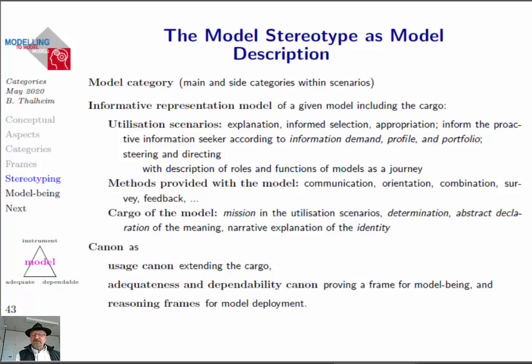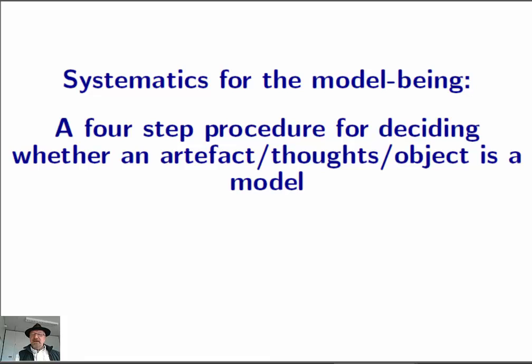And the canon in this case consists of the usage canon, the adequateness and dependability canon, and the reasoning frames we are using for the model. That means again we can ease our task somehow to specify what is in a model. That means in this case we can now provide some kind of systematical treatment of the model being.